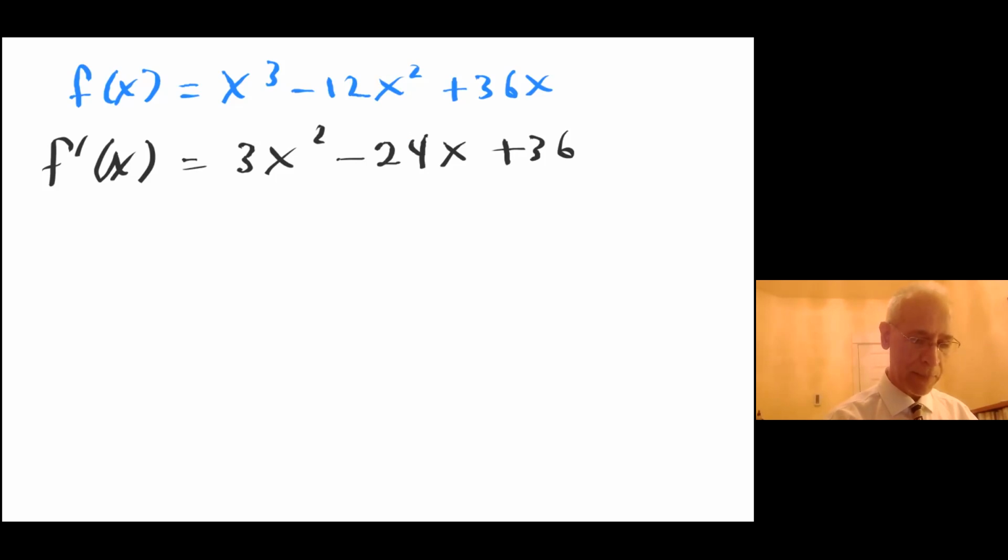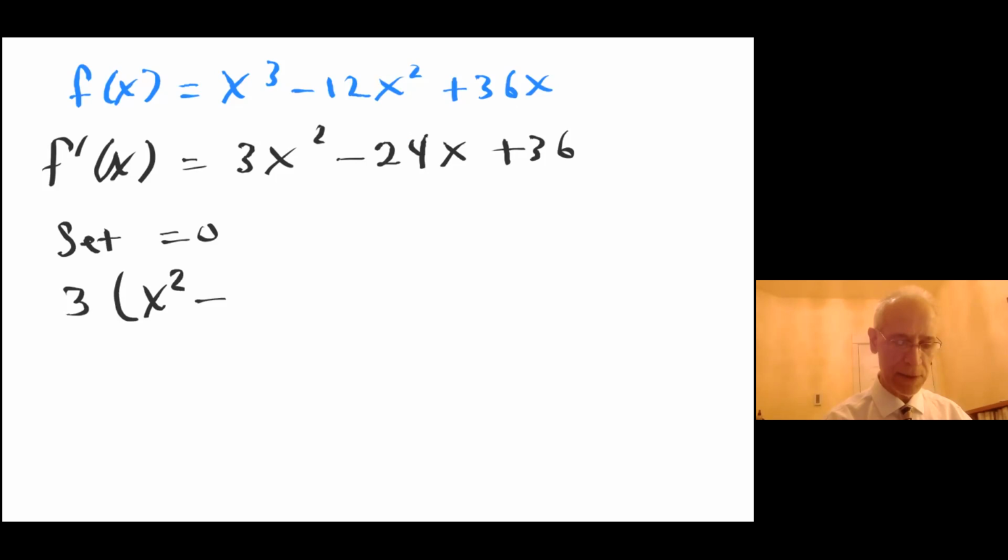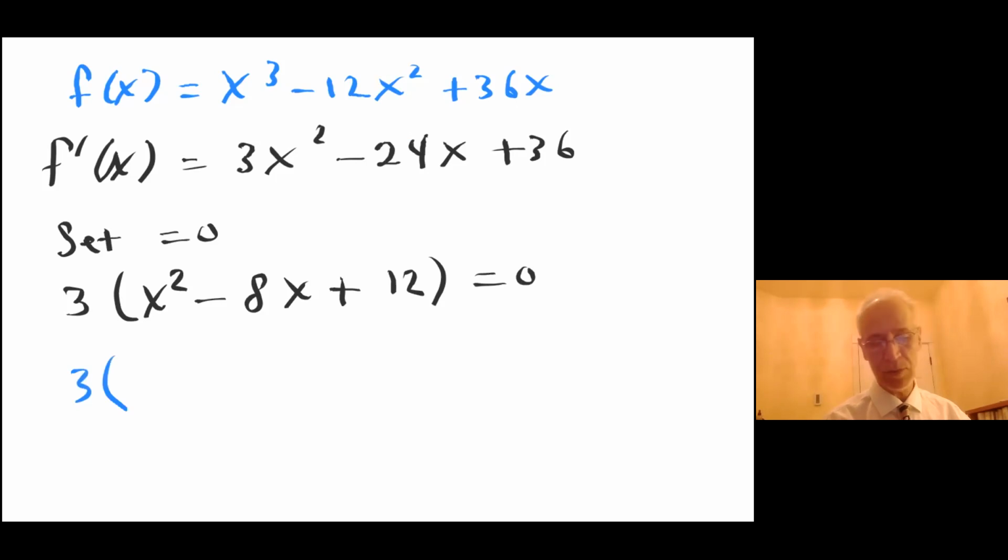Notice that I can pull a 3 out. So I have x squared minus 8x plus 12 equals 0. And I can keep factoring. Two numbers adding up to negative 8, multiplying to 12. So how about x minus 2 and x minus 6, equals 0.